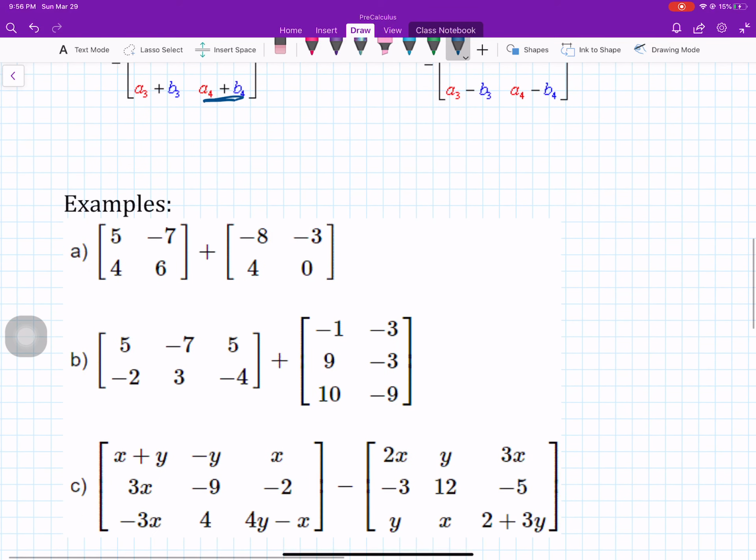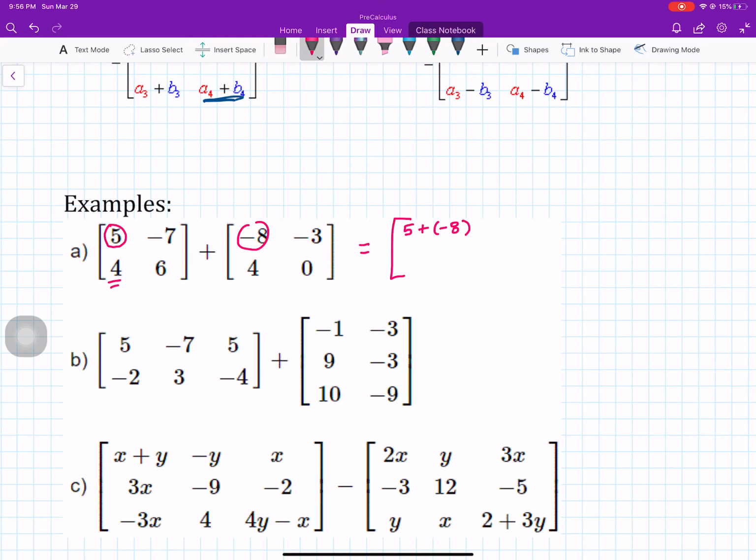Let's do a couple of examples. So first, check your dimensions. Your matrices do not have to be square to add or subtract them. They just have to be the same. So I have 5 plus negative 8. I'll go ahead and write this out.